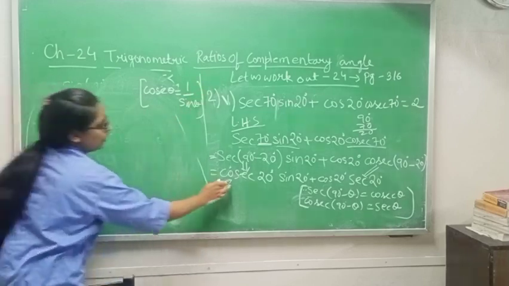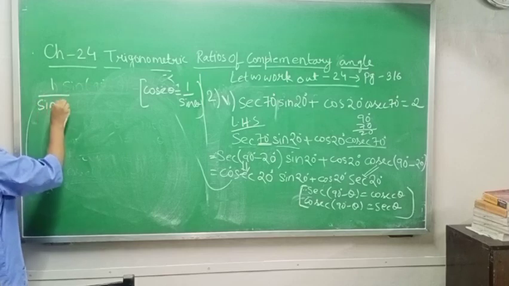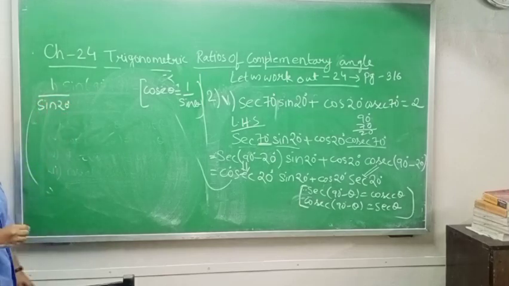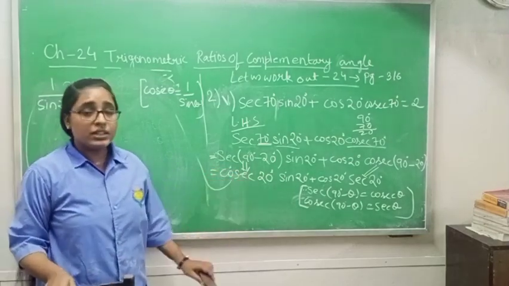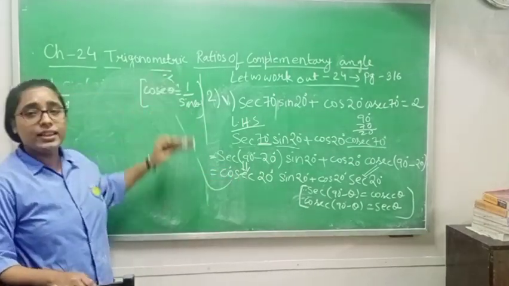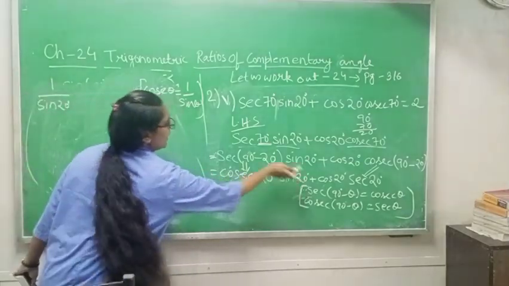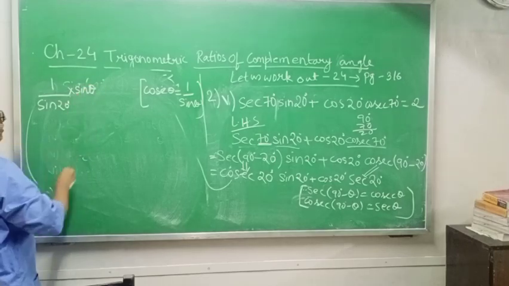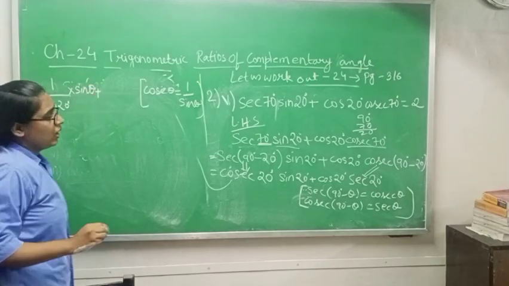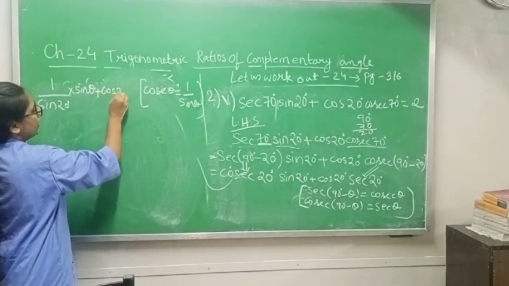So in place of cosec 20 degree, I can write 1 by sin 20 degree. Why? Because in chapter 23 we have done that cosec theta equals 1 by sin theta. And this sin 20 I will write as it is. It is up, so I am writing up and giving a multiplication sign so that you will not get confused. Now cos 20 I will write as it is, cos 20 degree.